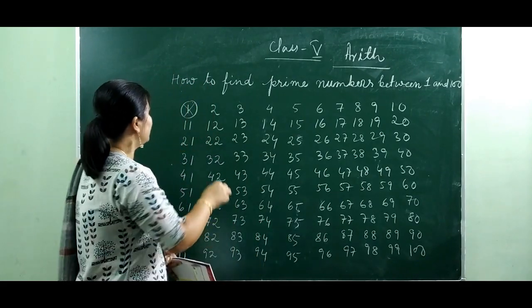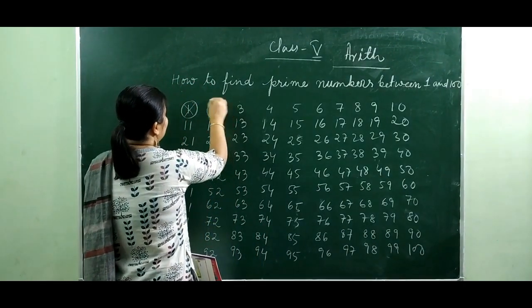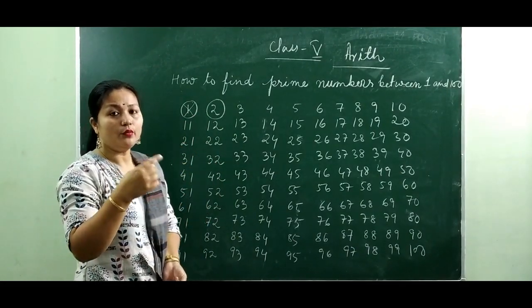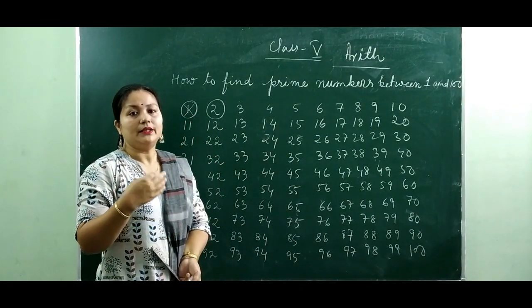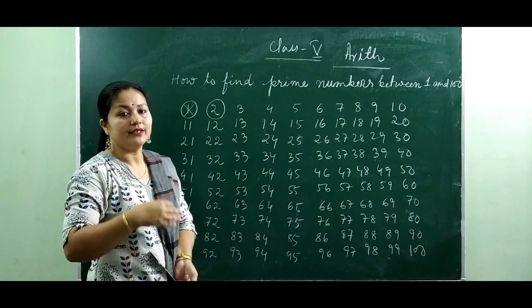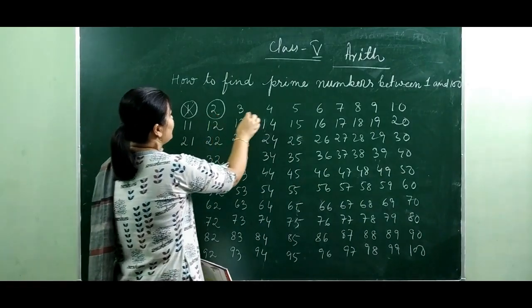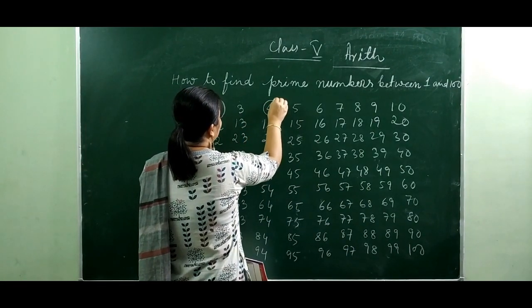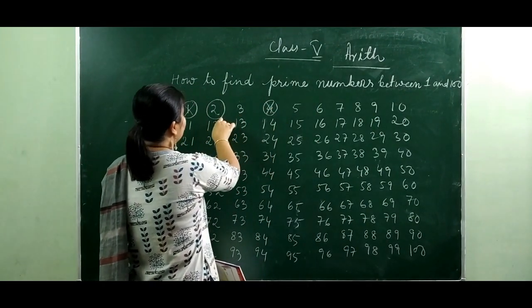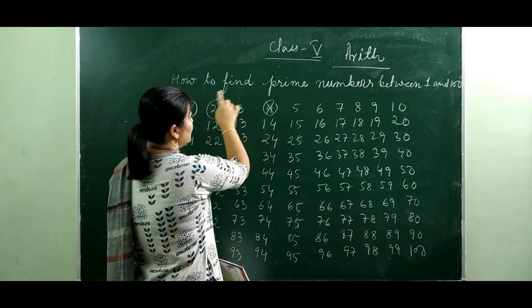So the first prime number is 2. Now we will cut all the multiples of 2, or we can skip, jumping 2 by 2. So 2 is the first prime number, then we will cut the multiples of 2.